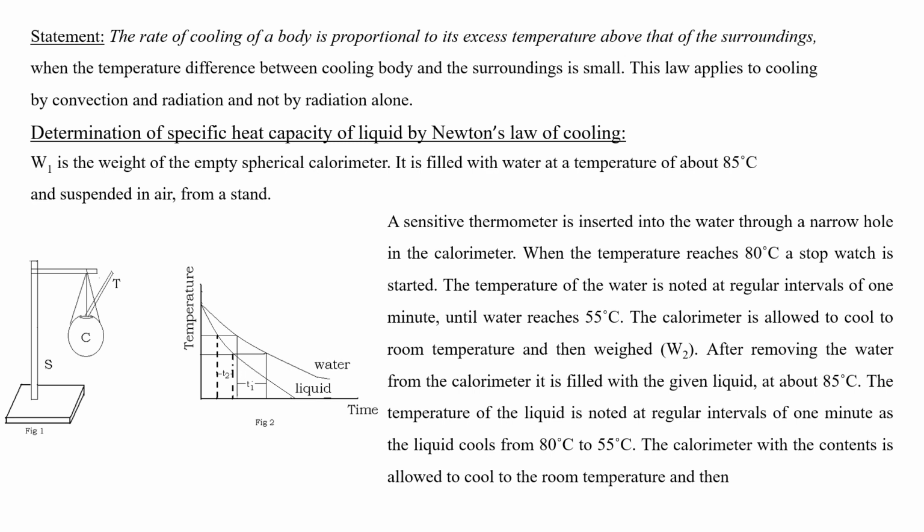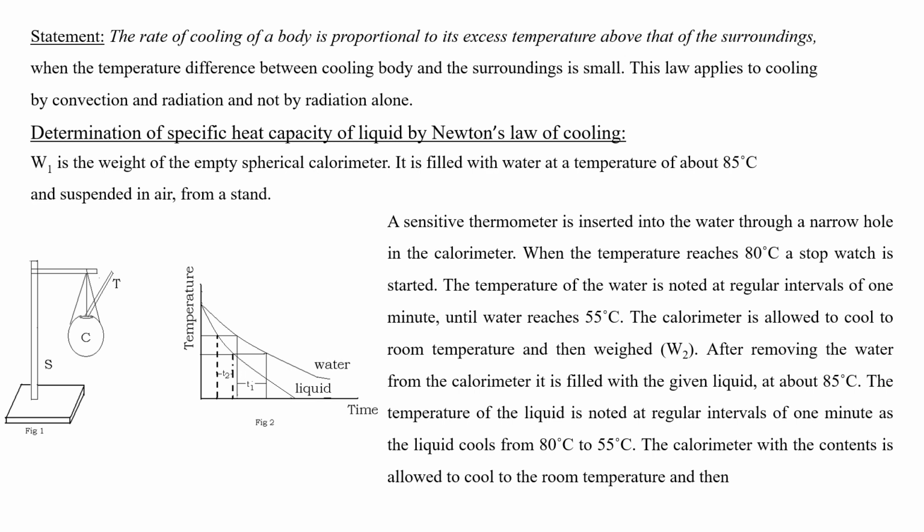It is a very important quantity for calculating the thermal property of a material. So we can use Newton's law of cooling to estimate the specific heat capacity of a liquid by conservation of heat.